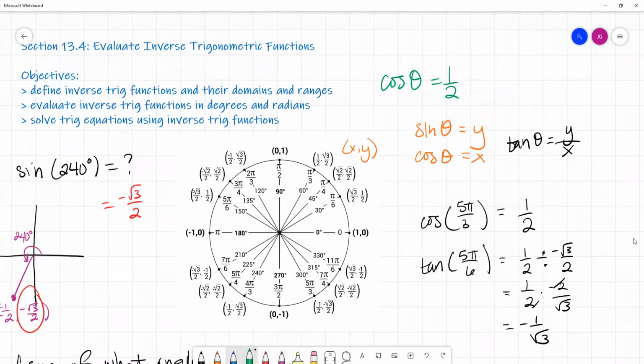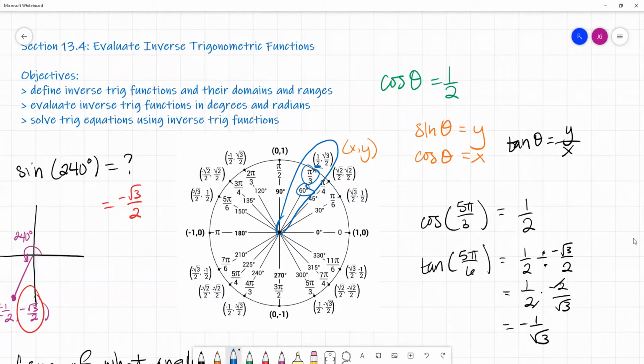So I'm looking for any x values in these ordered pairs that are 1/2. Let's start in the first quadrant. Here's one. This is one potential candidate: pi over 3 or 60 degrees, because they have a 1/2 in the x value.